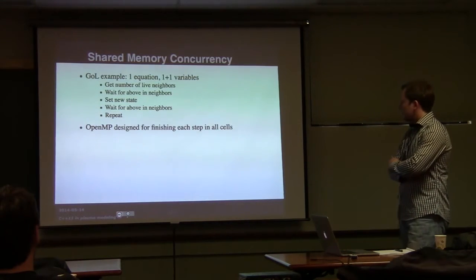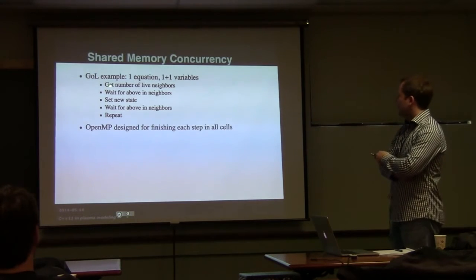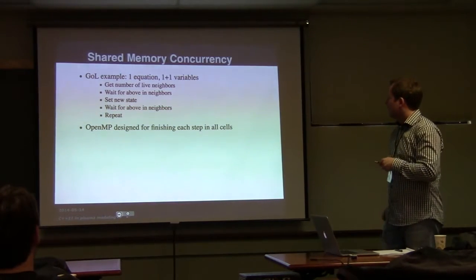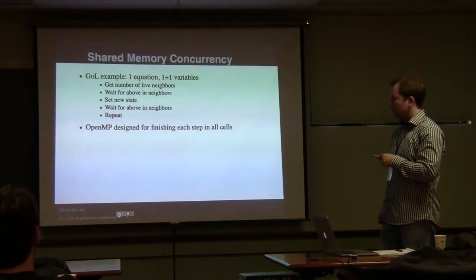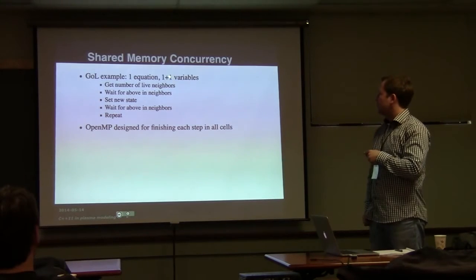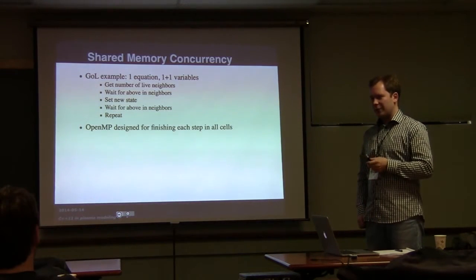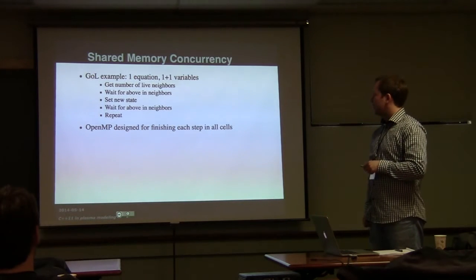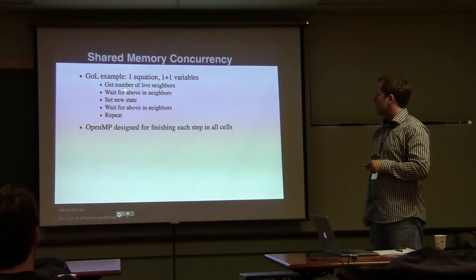But this shared memory concurrency, game of life example: you have one equation, and then you have one variable. Basically, it's in the equation, and then you have to have another one in practice to record the number of live neighbors before you can update the next state. So you have two variables.